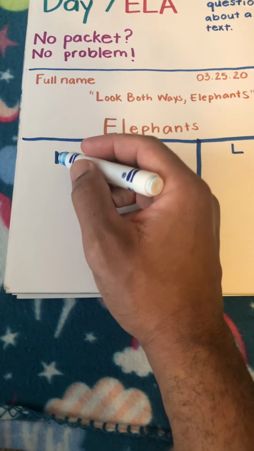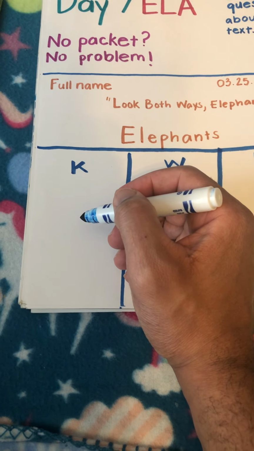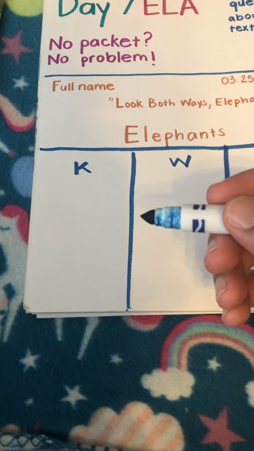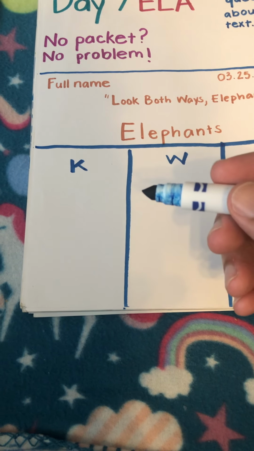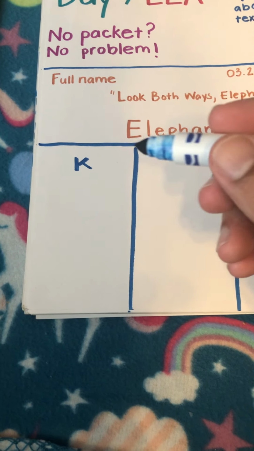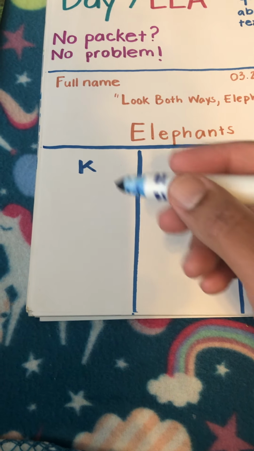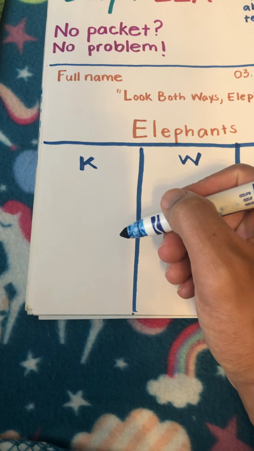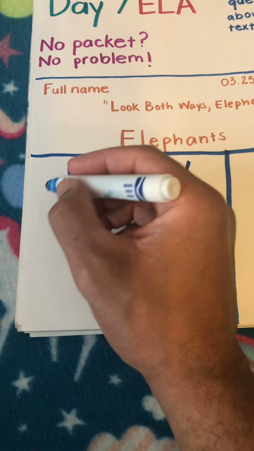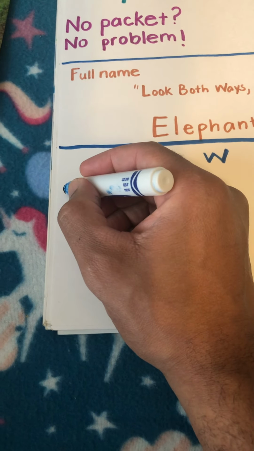Alrighty, so let's start off with our K section, things that we know. Now I'm going to use this video to talk about some things that I know. What you're going to be doing at home is making this chart for things that you know about elephants. So don't think that you have to write exactly what I write. I'm just giving you all some examples. So some things that I know about elephants.